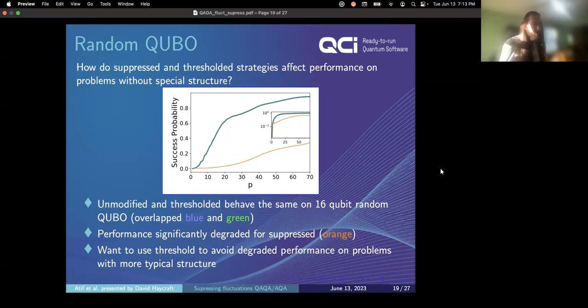The suppressed strategy did perform significantly worse. We're not really sure why that's the case, and that might be an area for future exploration. But it is good to note that the threshold strategy also did not kick in and make the overall quality of the solutions worse.